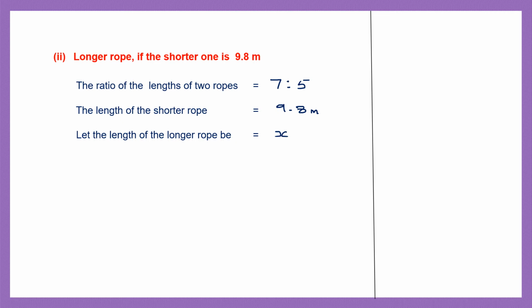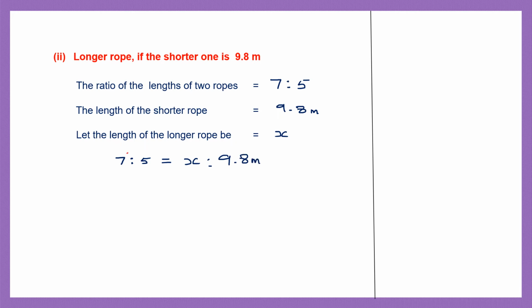So now let's write our proportion. So 7:5 is equal to, now 7 is the length of the longer rope and 5 is the shorter rope you're talking of. So on the other side also we need to have the longer rope first and then the shorter rope. So the longer rope is x and the shorter one, the measurement is already given to us, 9.8 meters.